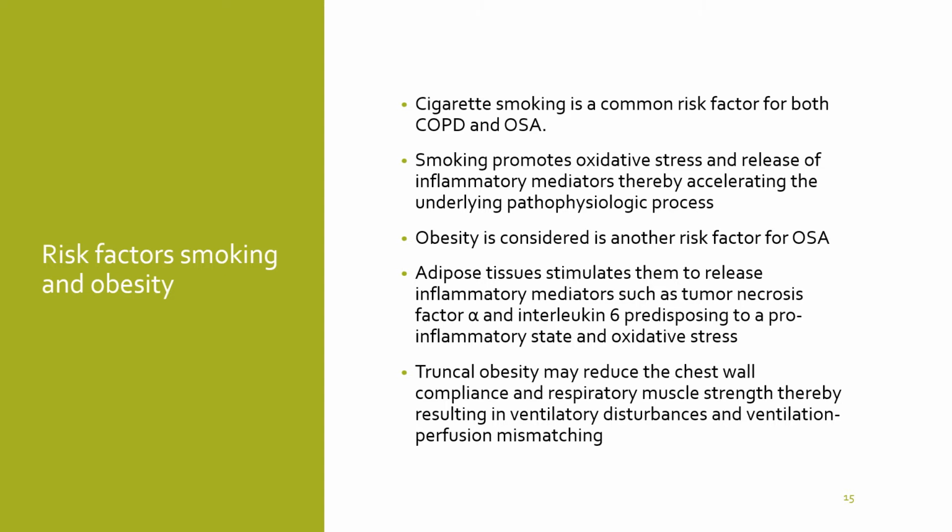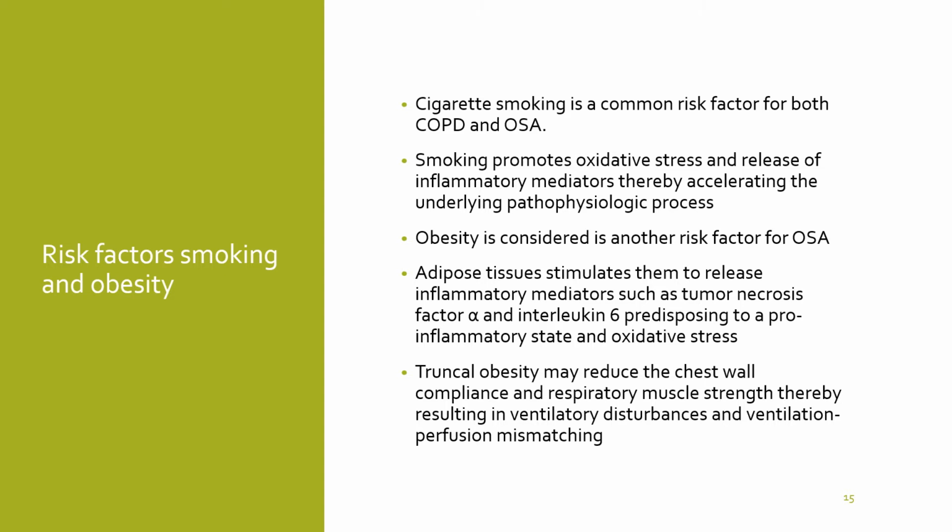Another problem is truncal obesity. Truncal obesity in these patients is someone with a big belly that'll push up against the diaphragm. So what happens, it impacts compliance of the chest wall. So these patients, the COPD patients or the OSA patients who are trying to breathe at night, they can't really take a good breath. They have small FRCs because of the obesity in the trunk.